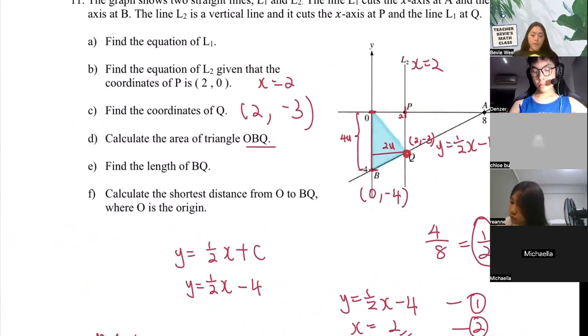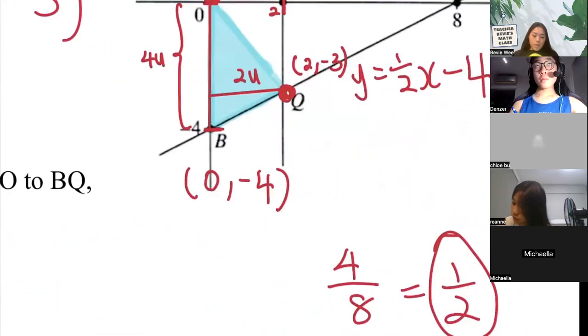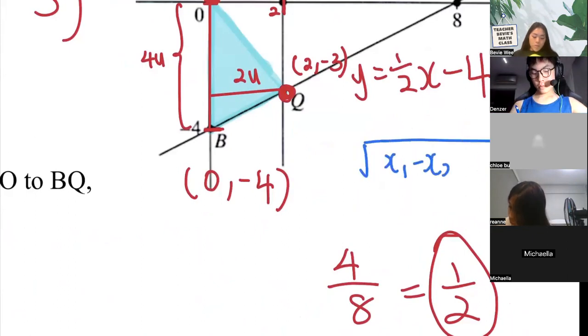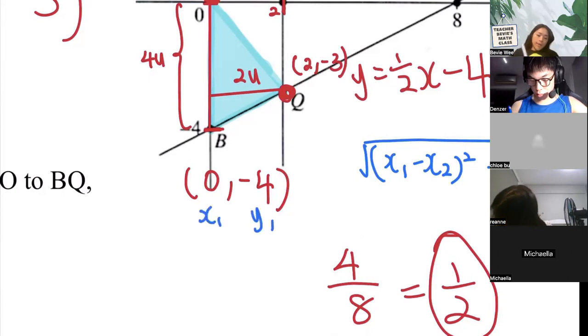This is my coordinates for B. Q I've already found: it's (2, -3). The formula is the square root of (x1 minus x2) squared plus (y1 minus y2) squared. Help me plug it in. Send me your length in units. Be careful, this can be your x1, y1, x2, y2, like this.